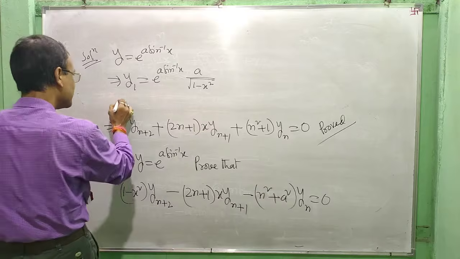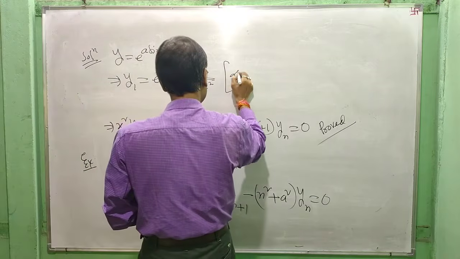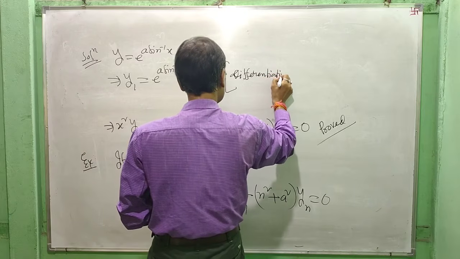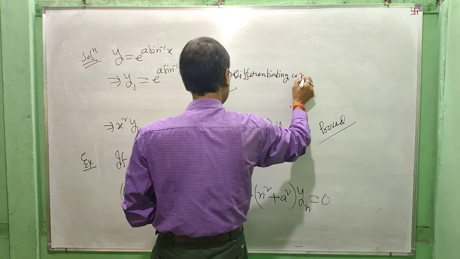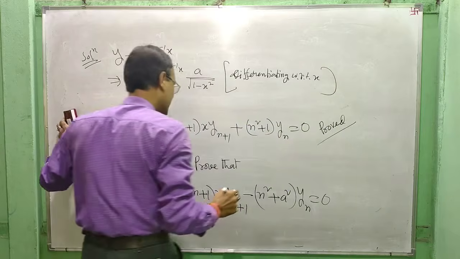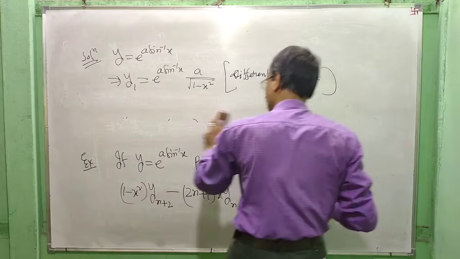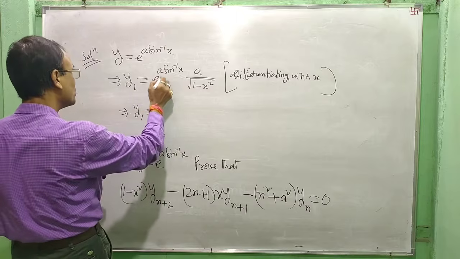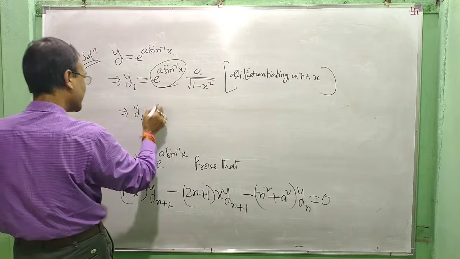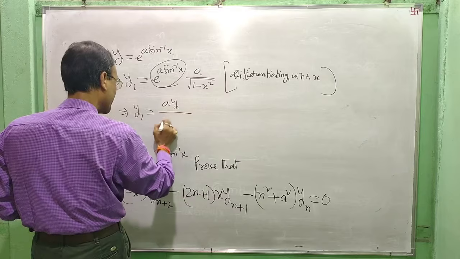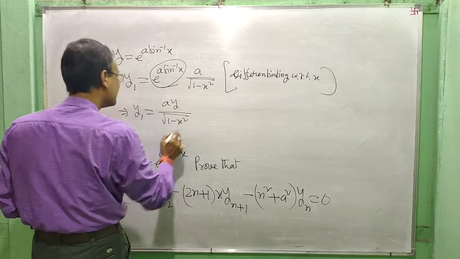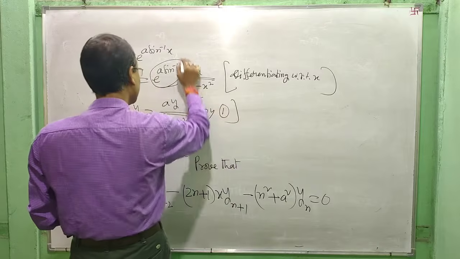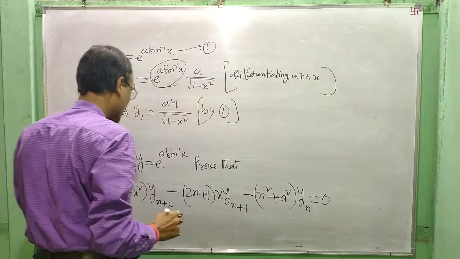Simply we will get this. Differentiating with respect to x, you will get this. This means y1 is equal to, it can be replaced by y, a y by root over 1 minus x square.